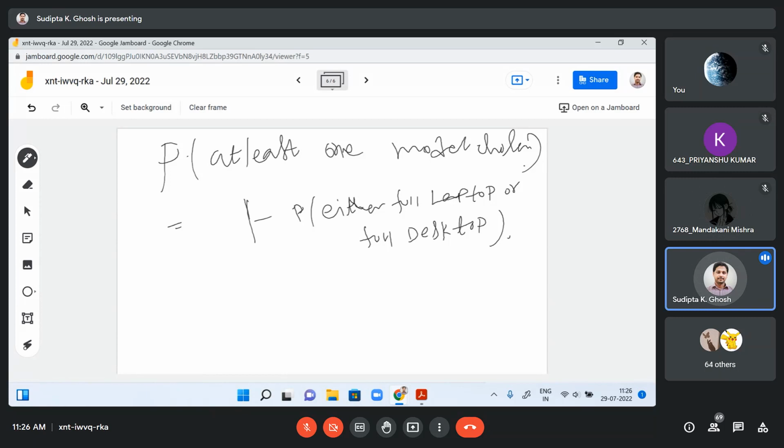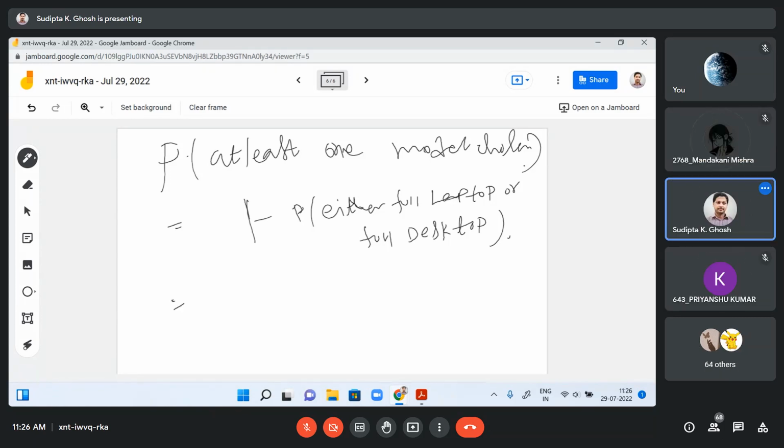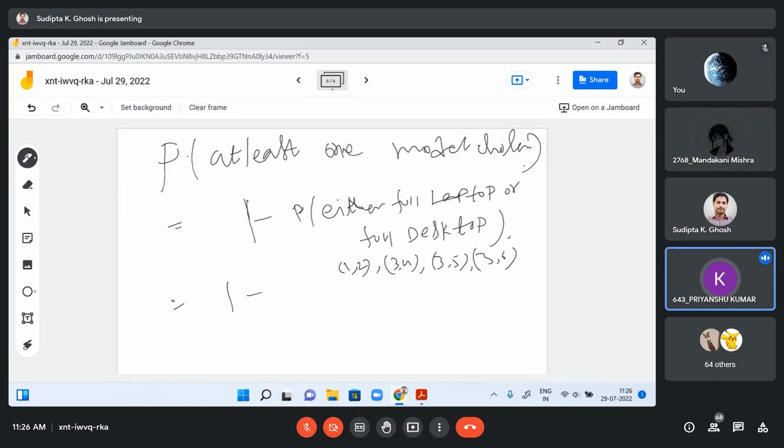If I am considering this case, tell me which type of elements are there. Can I write 1, 2? Can I write 3, 4? Can I write 3, 5? 3, 6, yes sir. 4, 5, and 4, 6, and 5, 6.